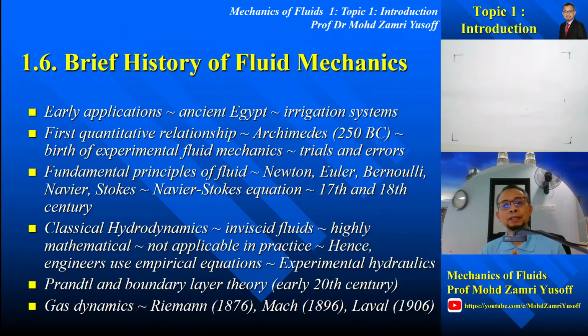And then only in the 20th century, early in the 1900s, a German scientist called Prandtl came up with a theory called boundary layer theory, which combined the area of classical hydrodynamics, whereby the Navier-Stokes equations are simplified and solved by ignoring the effect of viscosity away from the wall. And then in the 20th century also, a lot of work started to be done related to highly compressible flow, the area of gas dynamics, for example, by Rankine, Laval, and others.